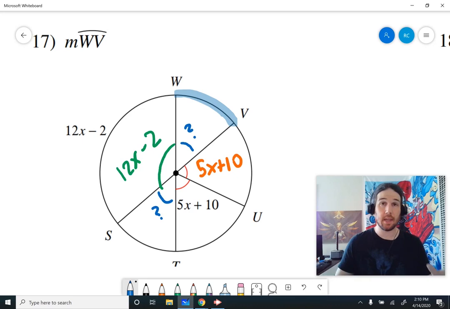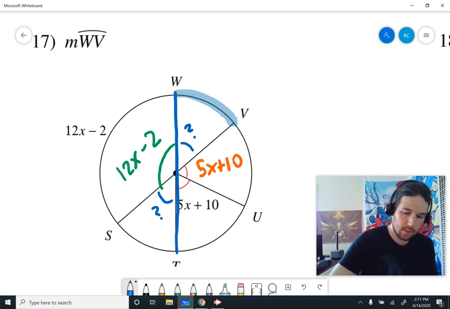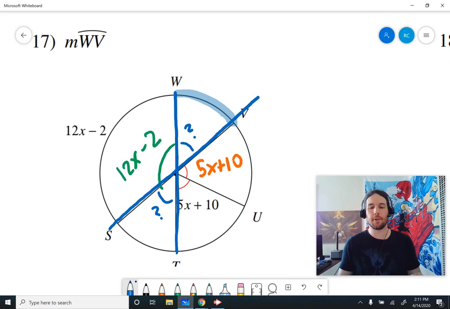Well, it looks to me, and again, this is one of those times when you have to look really hard at the straight lines that are being made. Remember, vertical angles are almost always going to be a thing here. Okay? And if you look, we've got vertical angles right here. We already knew that they were vertical for the smaller angles, but they are vertical for the larger angles as well.